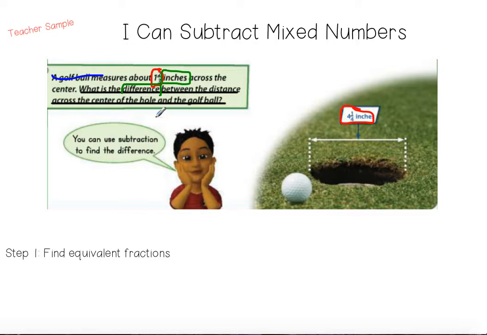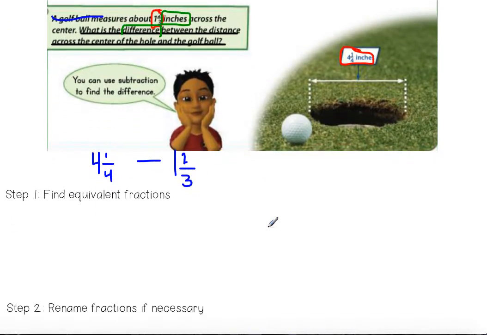So it's asking me to subtract the distance across the center of the hole, which is 4 1/4 inches, minus 1 2/3 inches, which is the distance across the ball itself. So it's asking us to subtract those two numbers and find the difference between the two.